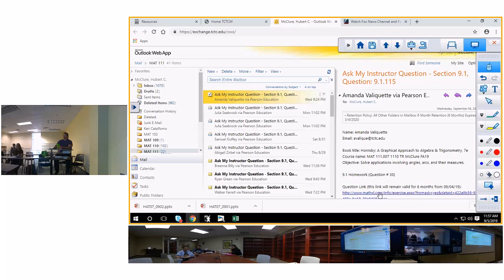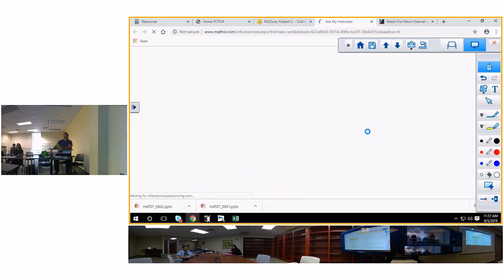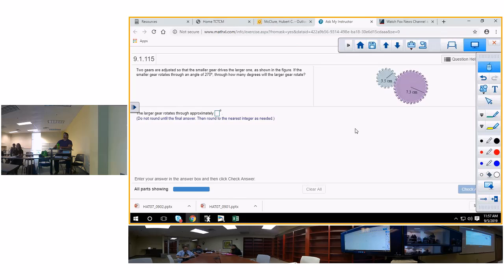Now 9.130, and I think this is the gears. Two gears are adjusted so that the smaller gear is larger. As shown in the figure, if the smaller gear rotates through an angle of 270 degrees, through how many degrees will the larger gear rotate?